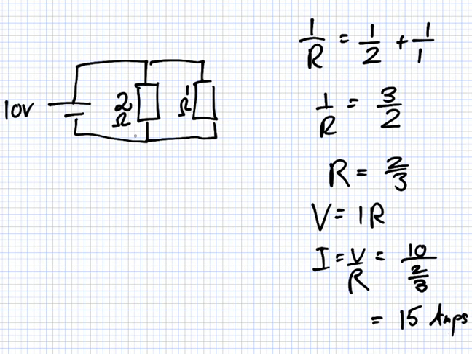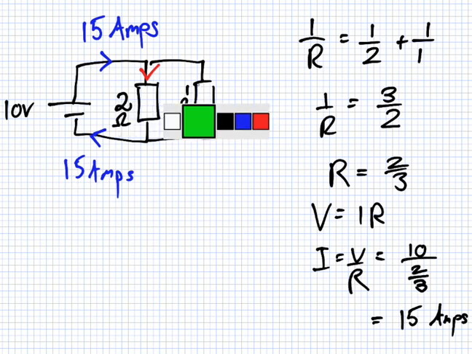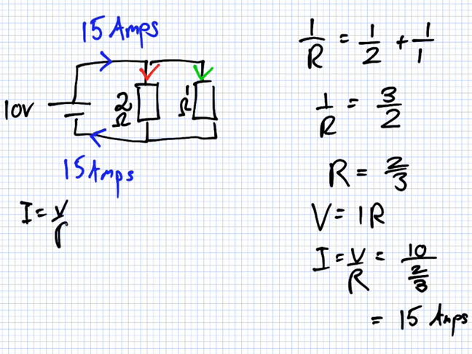So in total we have 15 amps. And here going back is 15 amps. But we split the current in these two places. So again, we can have I equals V over R. What's the voltage here? 10.